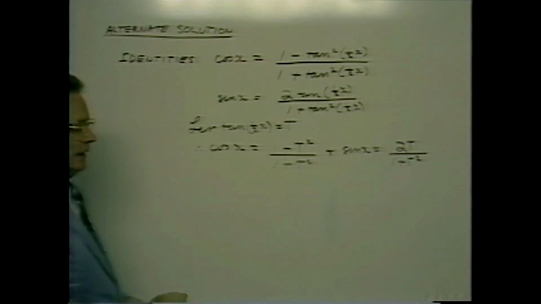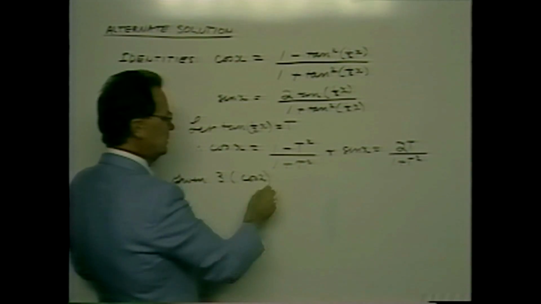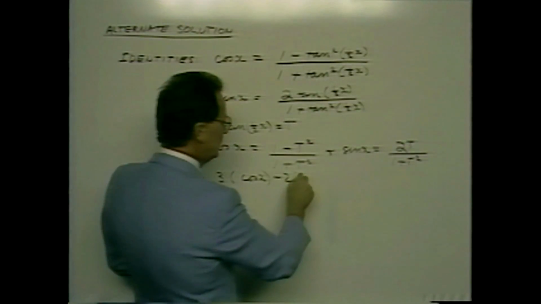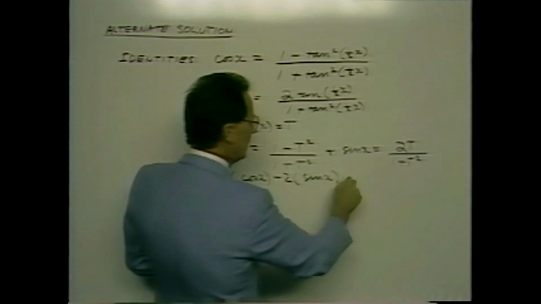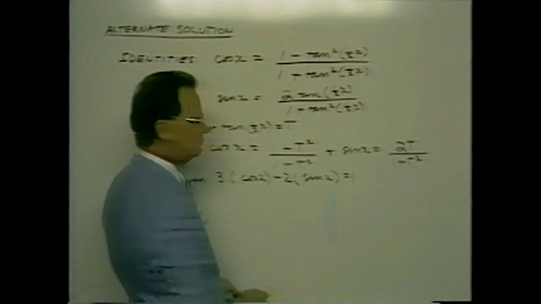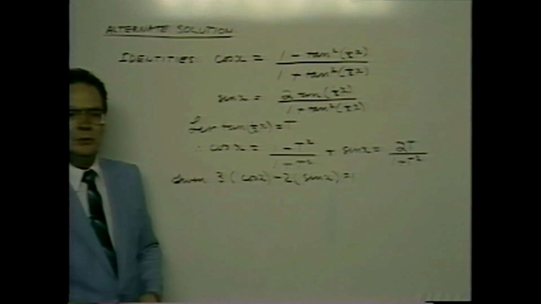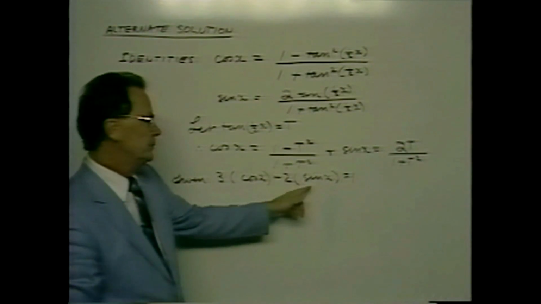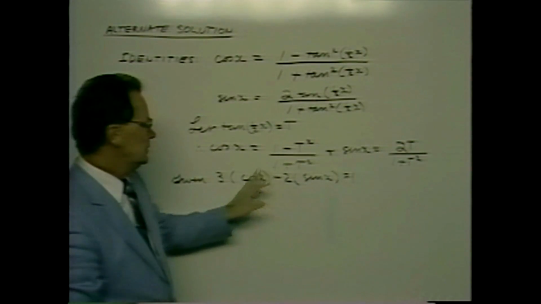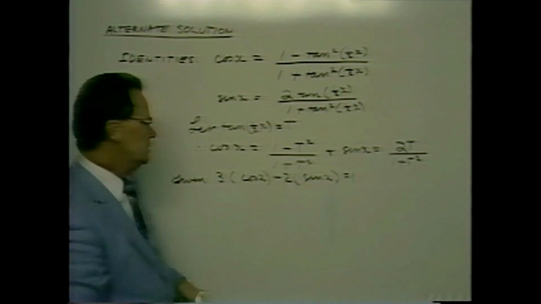Now we're given that 3 cos x minus 2 sine x equals 1. Within the brackets where cos x and sine x are located, we want to place within those locations the transition variable containing t.